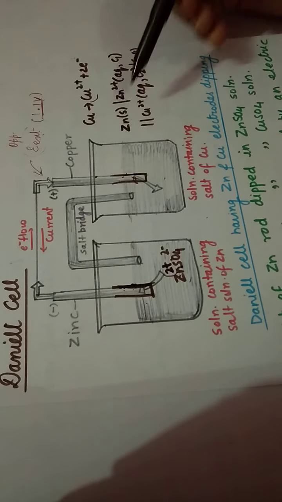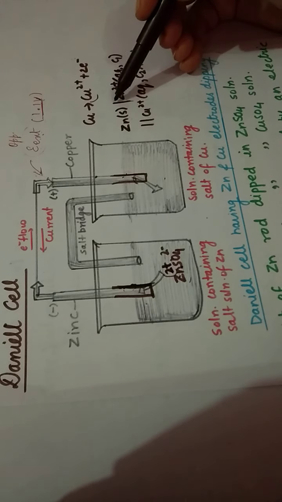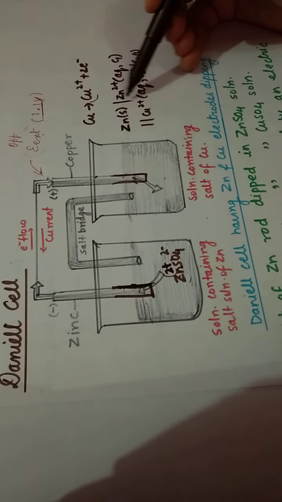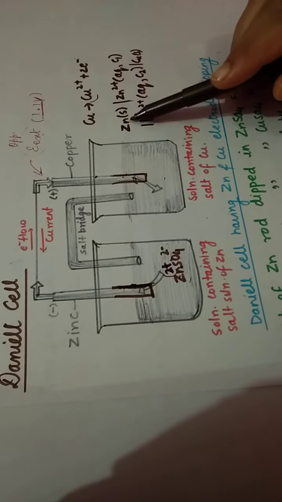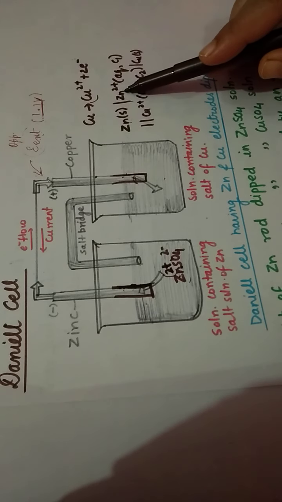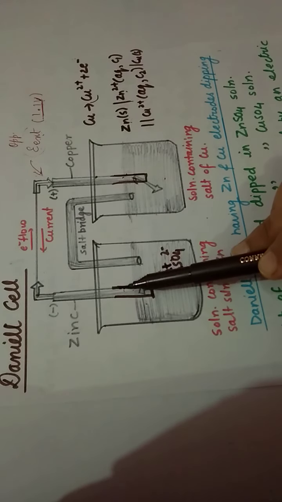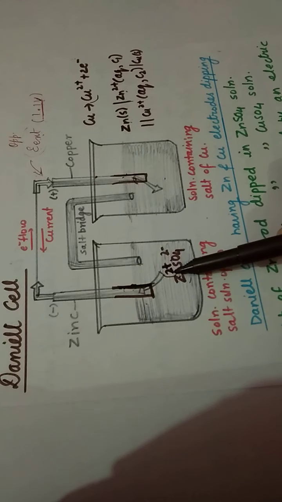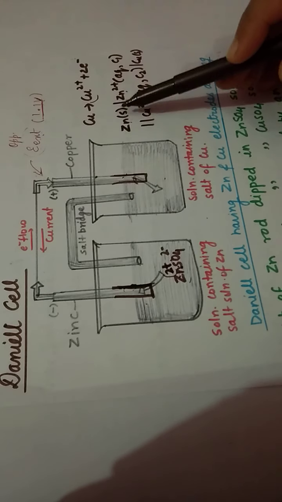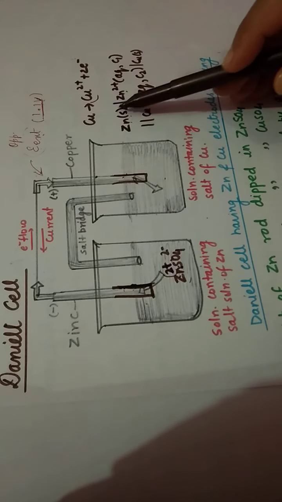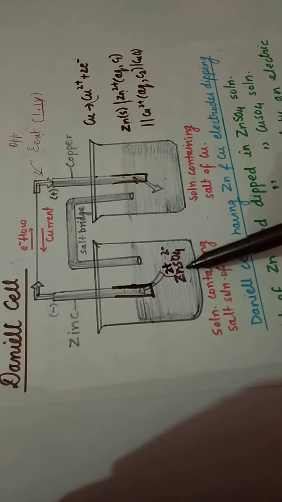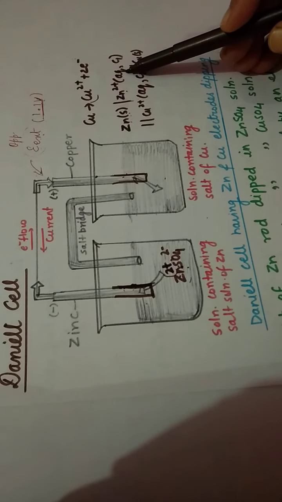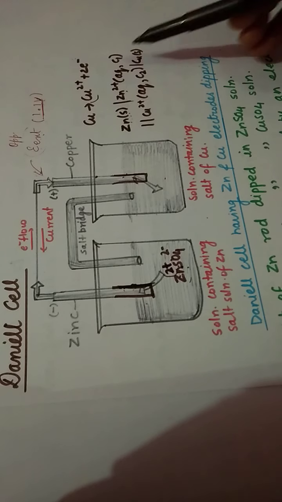Now you can see this vertical line, children. This vertical line separates the metal from the metal ion. Here we have the metal zinc and the metal ion Zn2+. Zinc is in solid state, which I have written in bracket, and Zn2+ is in aqueous state, which I have also written in bracket.